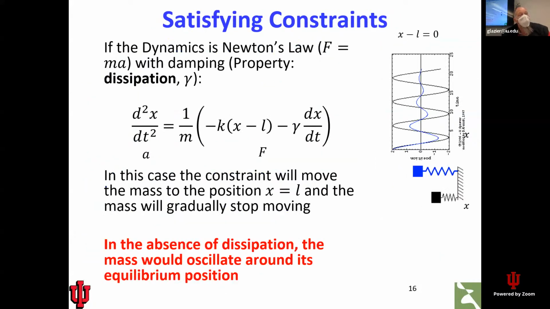If I wanted to compare things to Newton's law, I'd have the second derivative, the acceleration, equal to 1 over the mass times the restoring force minus gamma, which is the damping, times the velocity.